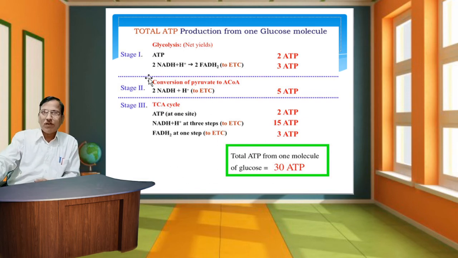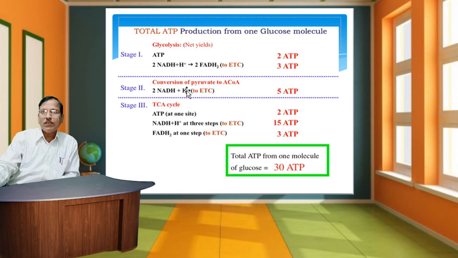In stage first, glycolysis yields 2 ATP, and 2 NADH plus H ions convert into 2 FADH2 through the ETC, the electron transport chain. You will also get 3 ATP molecules.